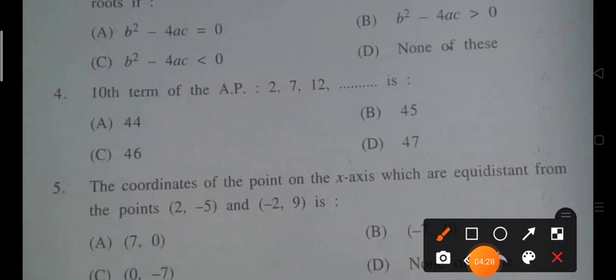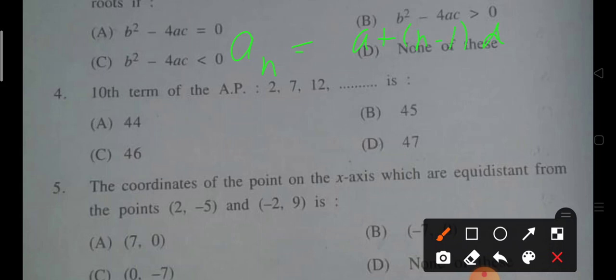10th term of this AP. All of the students are well equipped with the concept of arithmetic progression. Whenever we talk about arithmetic progression, we must know about the first term and the common difference. If you can give me the first term and the common difference, I can give you the whole AP. So here we have to find the 10th term. If you have to find any nth term, then the formula is a_n is equal to a plus n minus 1 into d.